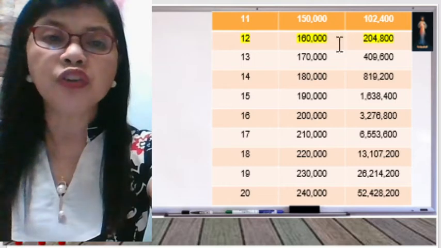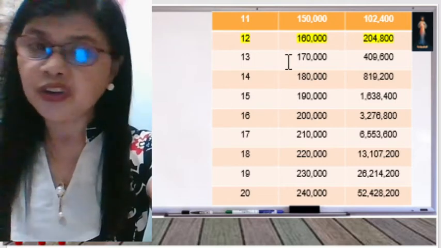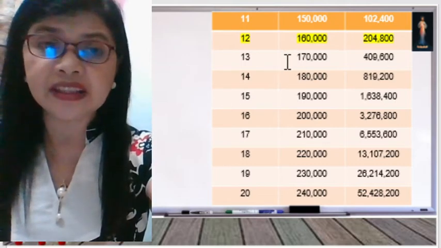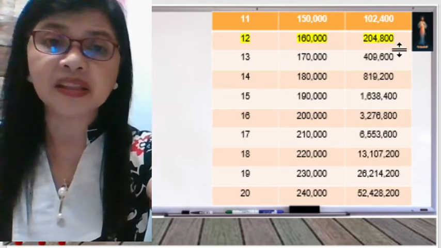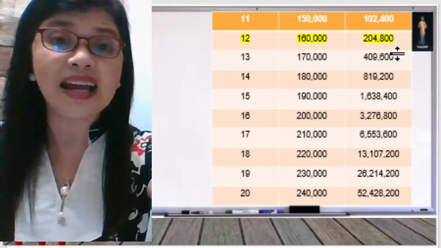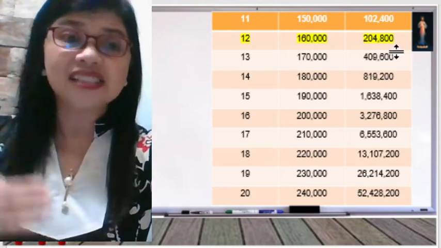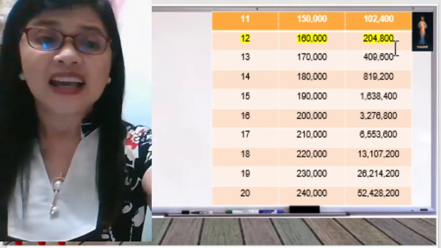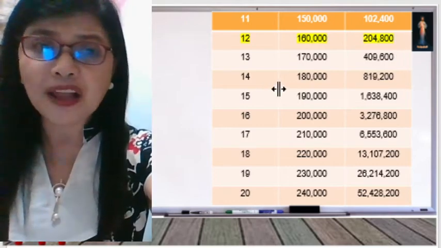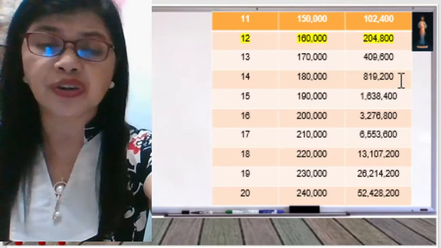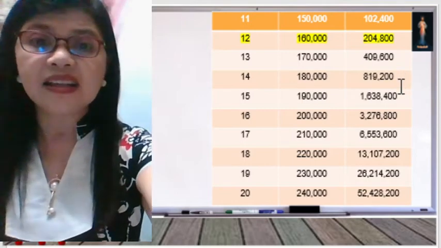Now, on option A, on the 13th day, it becomes 170,000. While on option B, it becomes 409,600. It has jumped up. It has grown exponentially, more so on the following days. On the 14th day, it grew to 819,000.